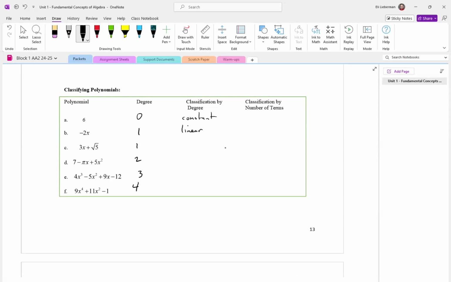It makes a line, linear. So C is linear. Yay! Would you check very quietly to see if your neighbor knows what D is? On the count of 3, if you know it, I'd like to hear what you think. 1, 2, 3. It is quadratic.